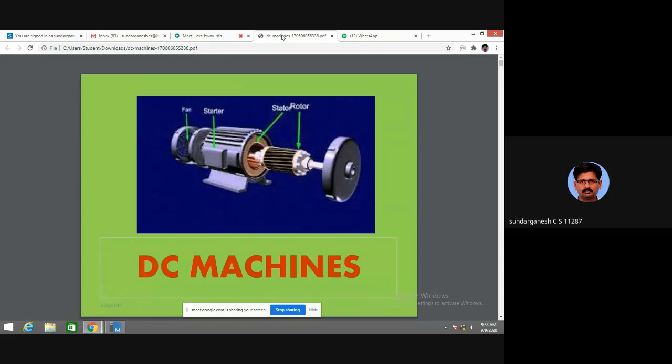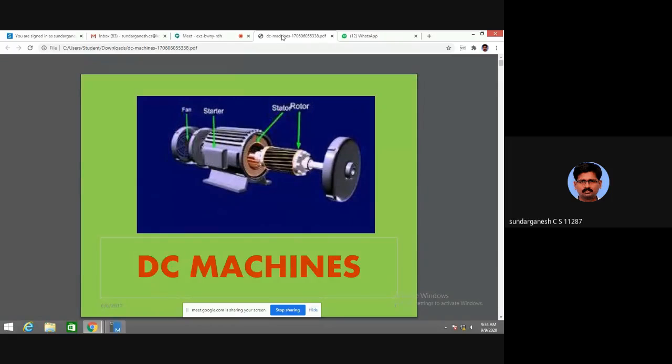So these are the main components in DC machines. In the DC machine, you have only two parts. One is motor, another one is generator. Even though they are two different machines, construction wise both are the same. If you give electrical energy, it will produce mechanical energy. If you give mechanical energy, it will produce electrical energy.